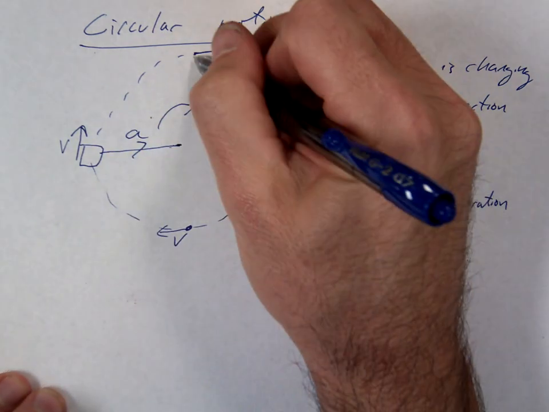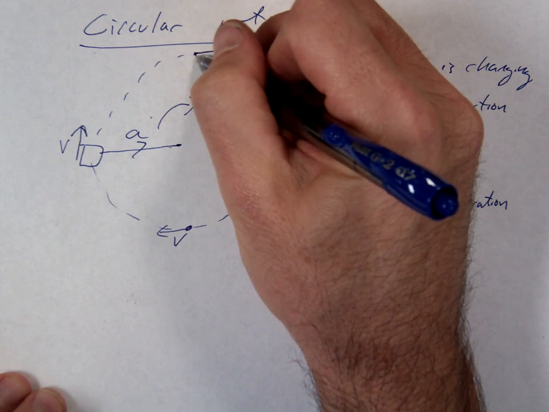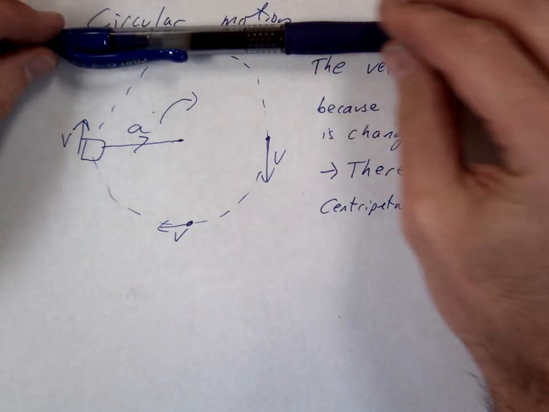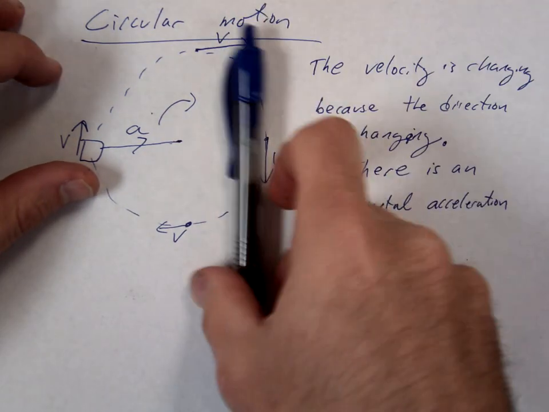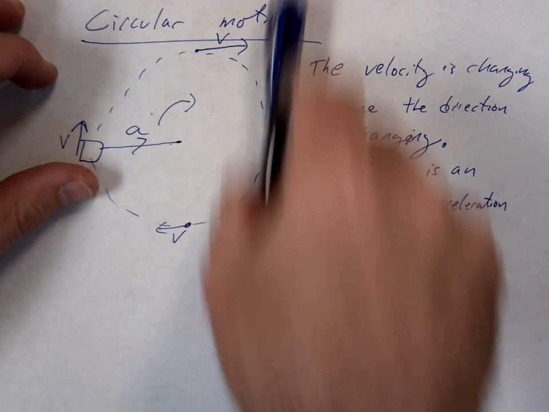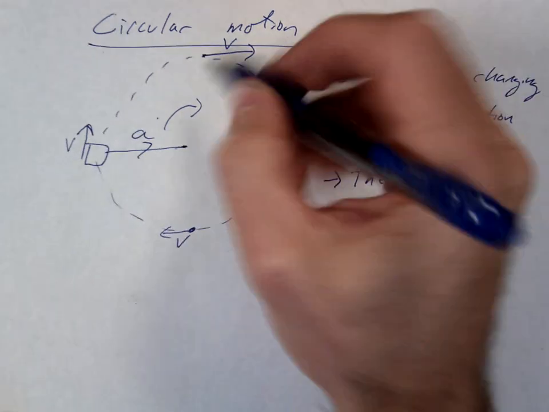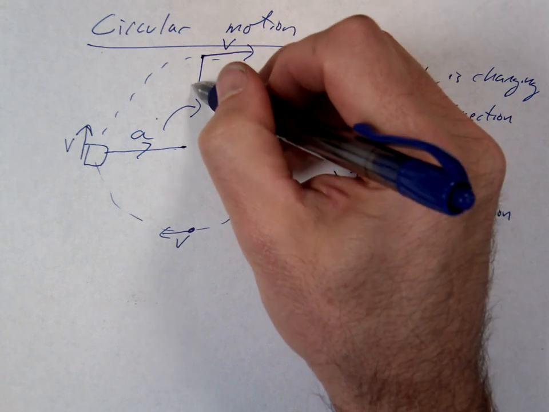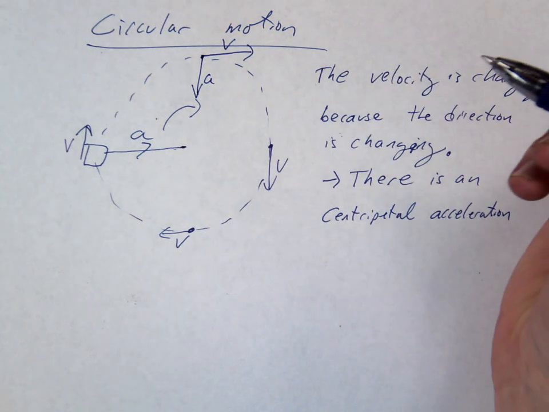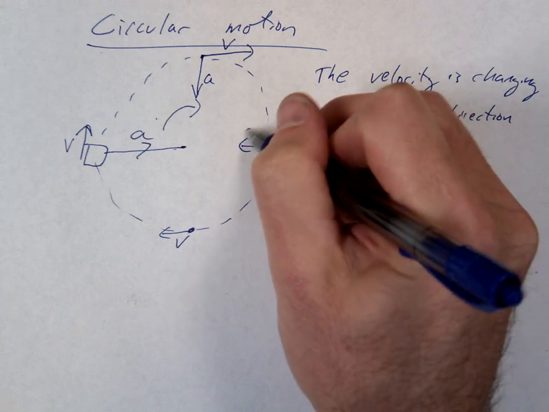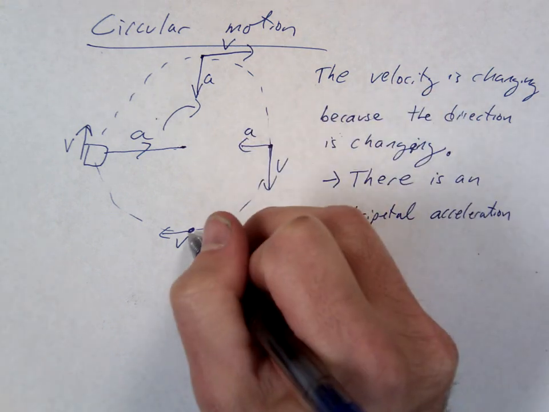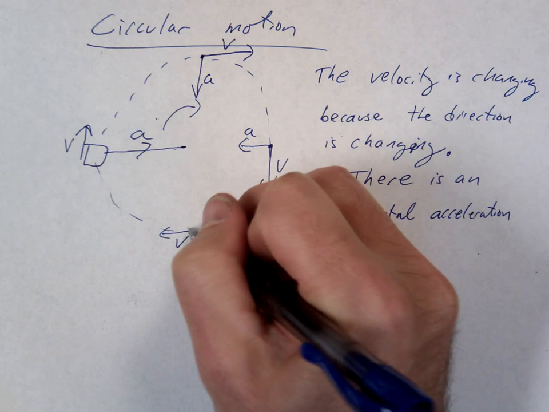Well, what about at the top? At the top we're going east, and something's going to have to push it to eventually go south. So what direction is the acceleration right here? South. Okay, and so forth. So this one's going to push it this way, and this one is going to try to get it to go north, so it's going to push it this way.